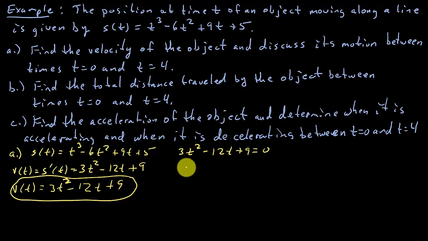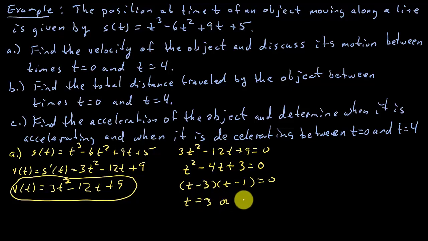So 3 goes into 3 one time, so that's t squared, 3 goes into 12 4 times, and then 3 goes into 9 3 times, and then 3 goes into 0 0 times. All right. So then if we factor this thing, I get t minus 3 and t minus 1. So t equals 3 or t equals 1.